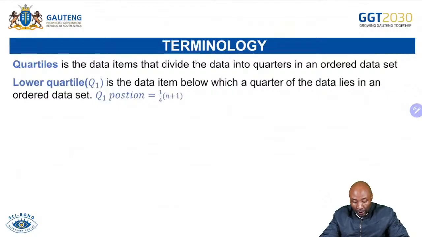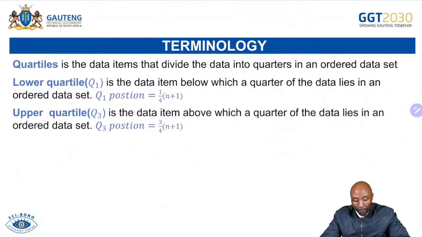To determine its position, it is 1/4 times n plus 1, where n is the number of items in the data set. Upper quartile, it is the 3/4 position, and to determine this position, it is 3/4 times n plus 1. That will give us the position of our upper quartile, which is represented by Q3.